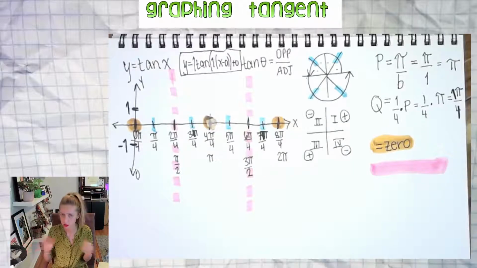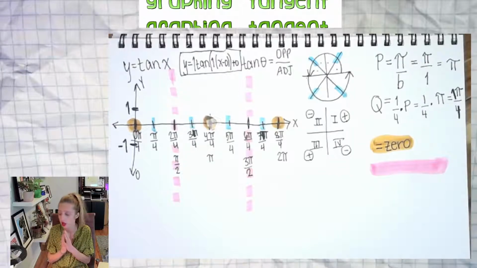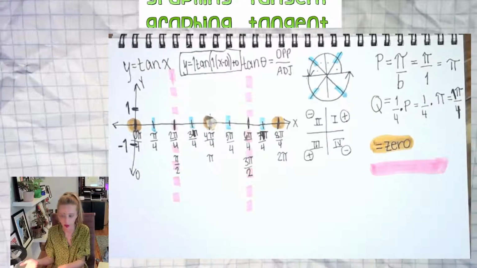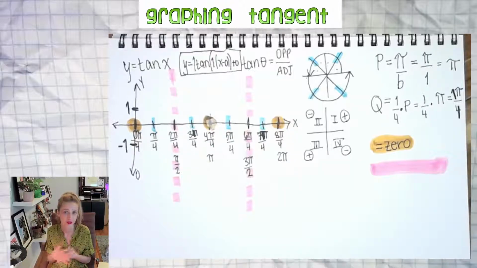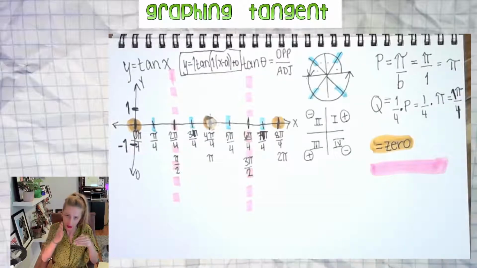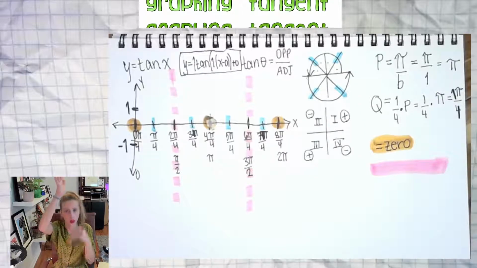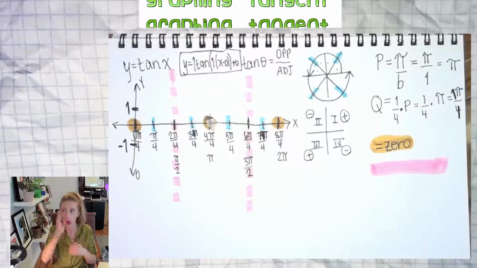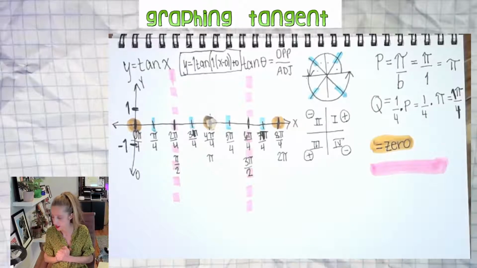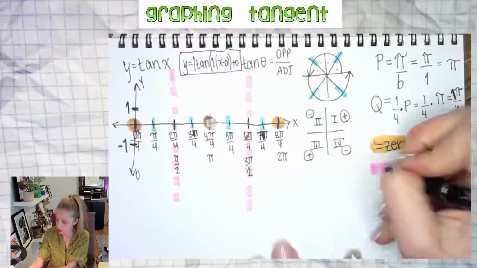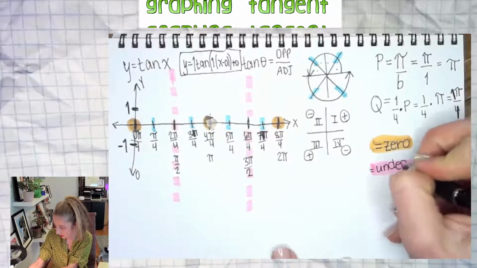Those are asymptotes for different reasons, but you will not touch a vertical asymptote, especially if it's coming from the fact that the function is undefined. So it will never, ever have a graph there. However, as it gets closer and closer and closer, it's kind of shooting straight up or straight down, going up towards positive infinity or down towards negative infinity. So it's an infinite discontinuity. So undefined equals undefined.